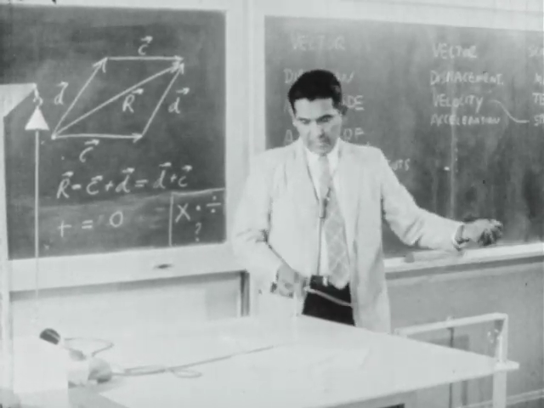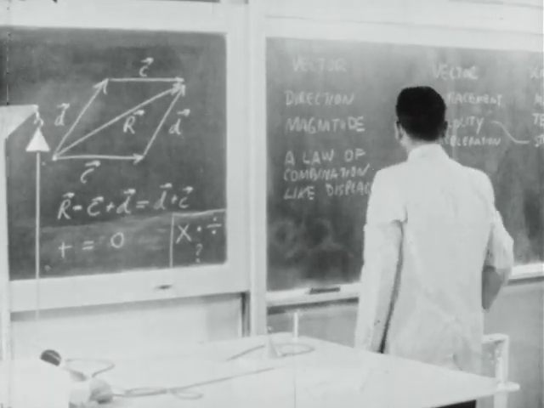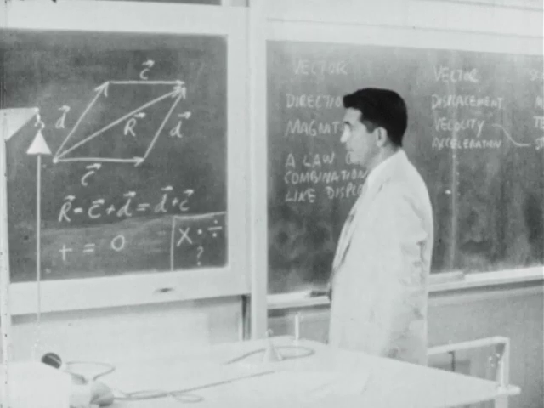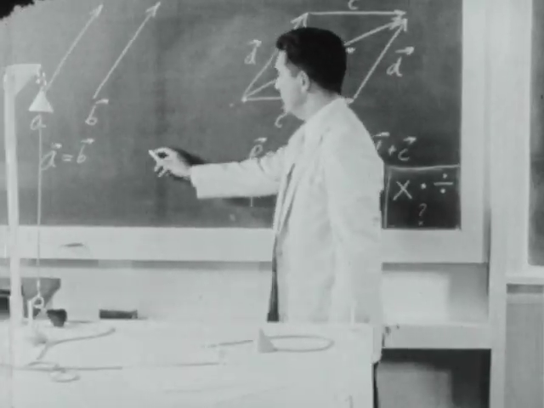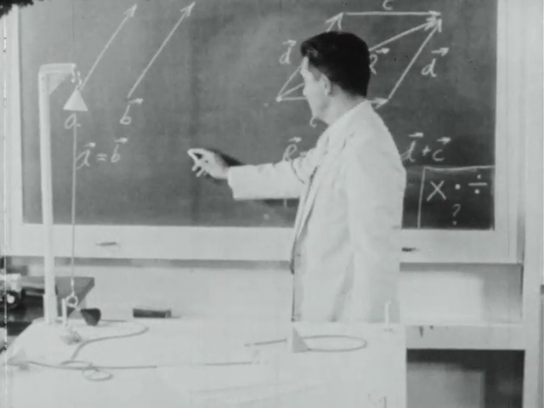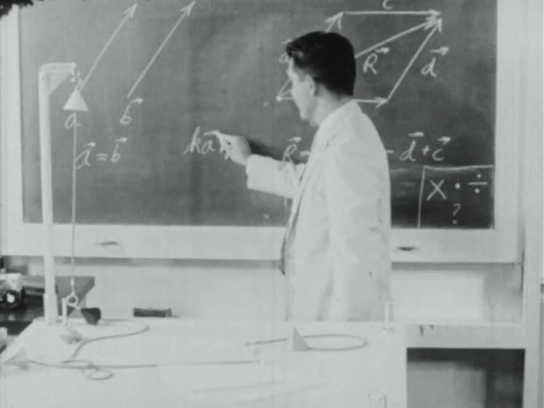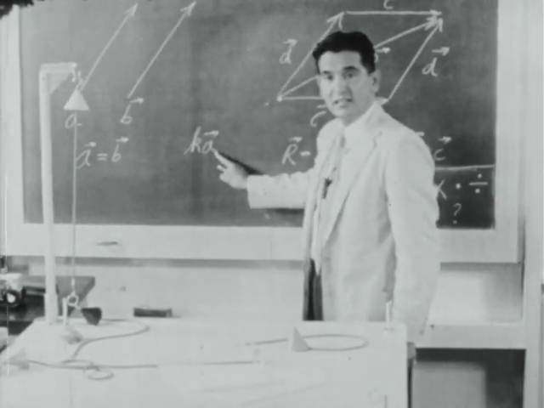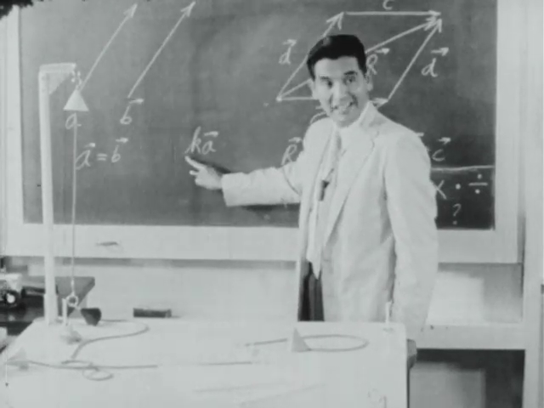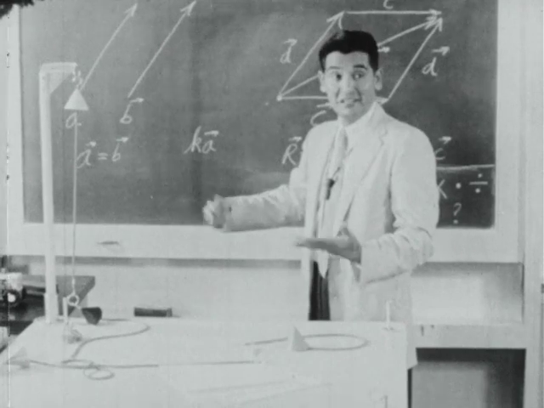And so I come now to the concept of multiplication by a scalar. Perhaps I should add it here to my list, maybe over here. Let's say, what do I mean by k times a? Well, it's a vector that has the direction of a, but its magnitude is k times the magnitude of a. So that takes care of 2a, 3a, and minus a also.